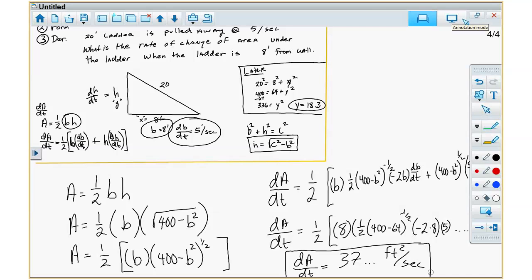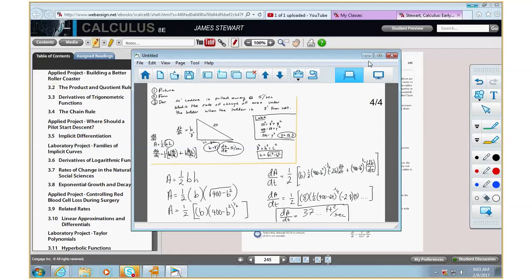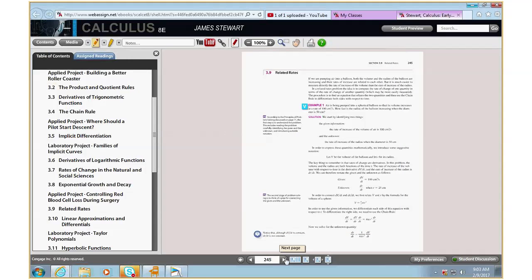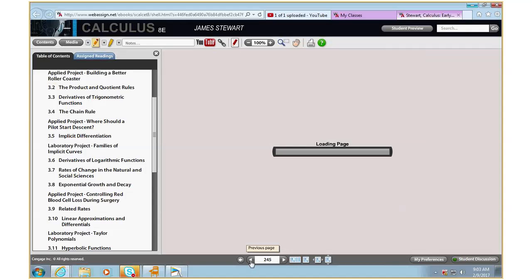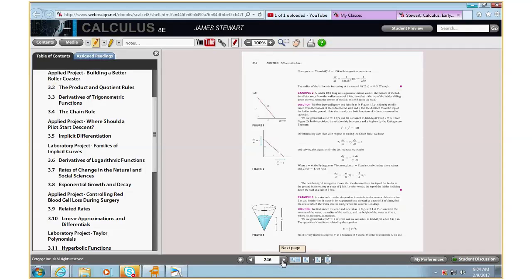But that's why I was kind of aggravated when I saw that it was the area. I think it's example 2. There it is. Let me snip it.